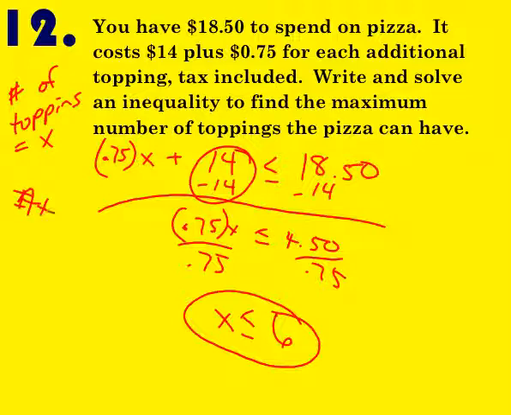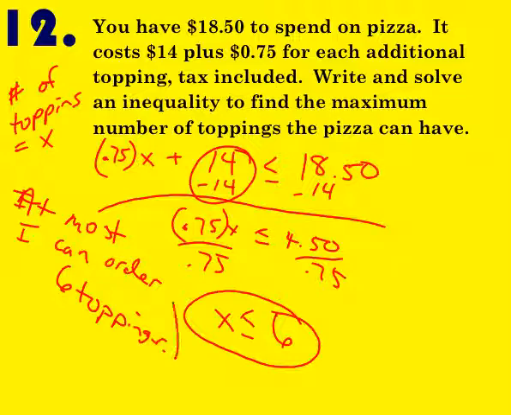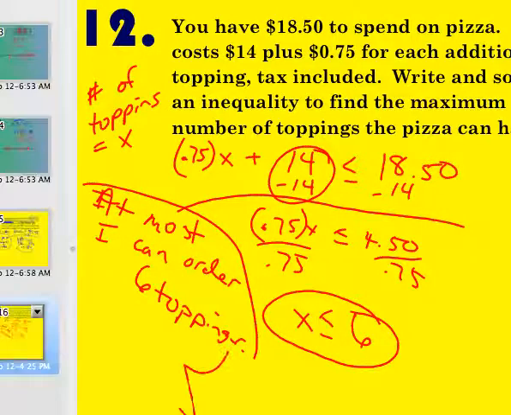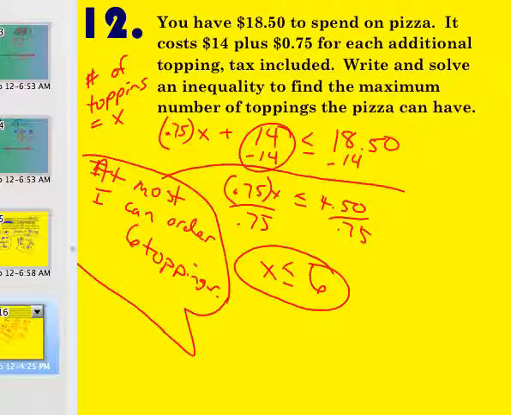At most, there's a good word, I can order 6 toppings. And I've never been told I'm an English genius, so hopefully that's a complete sentence. Remember, word problems should be solved with words.